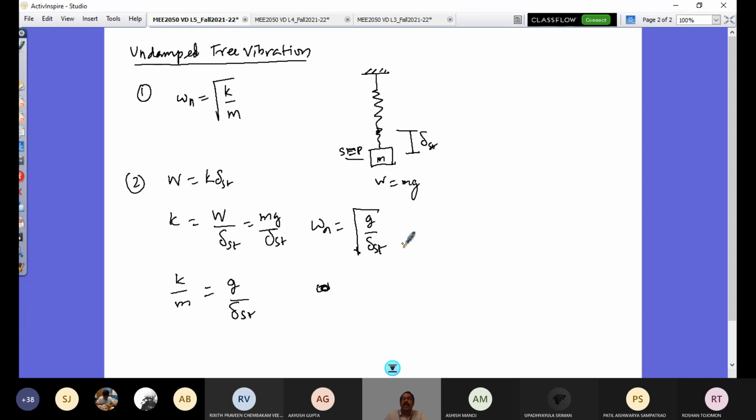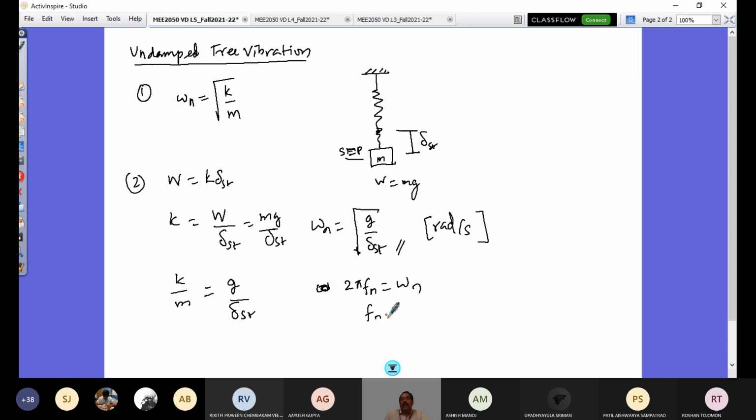And we can also write, the unit of this is radians per second. That is called the circular natural frequency in this context. You can always represent the frequency in cycles per second, so 2 pi Fn is equal to omega n.